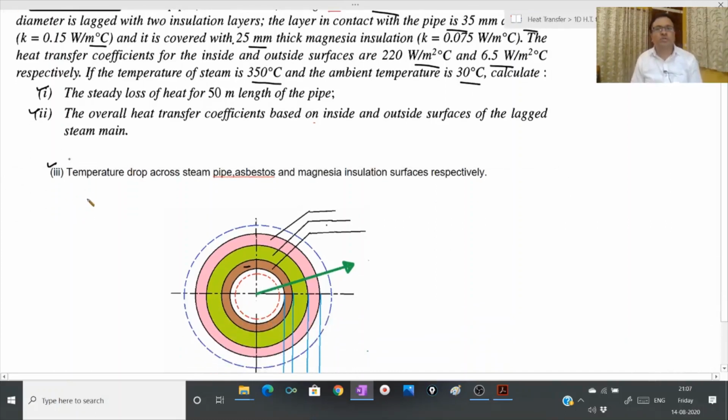So in order to solve this problem, let us first draw the schematic.